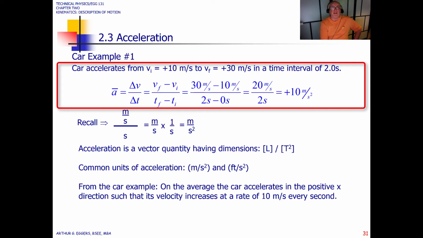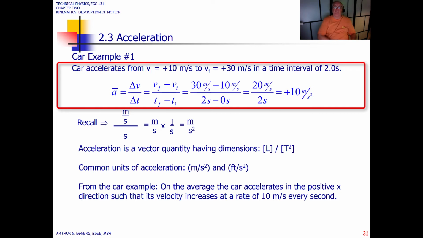All we have to do again is put them into the expression that we've already developed. So now we have 30 meters per second minus 10 meters per second, divided by the interval 2 seconds minus 0 seconds. So 2 seconds divided into 20 meters per second gives us an acceleration of 10 meters per second squared.